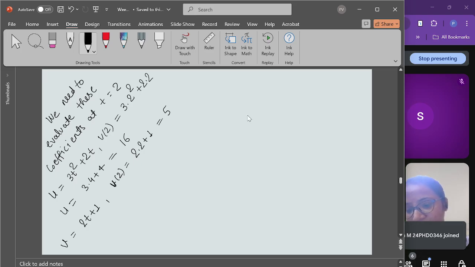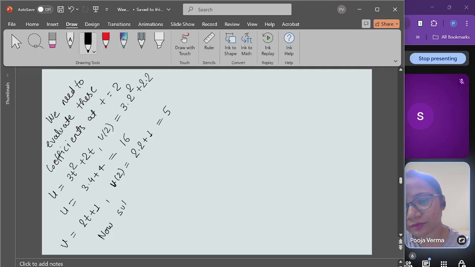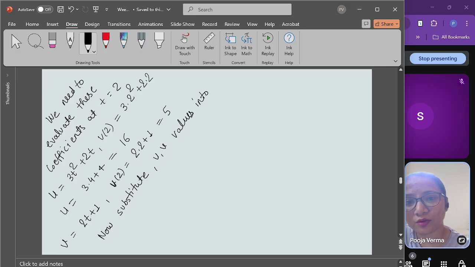Okay. Now substitute these u and v values into E, F and G, what we have calculated previously. So E we have calculated, that is equal to 1 plus v square, right?